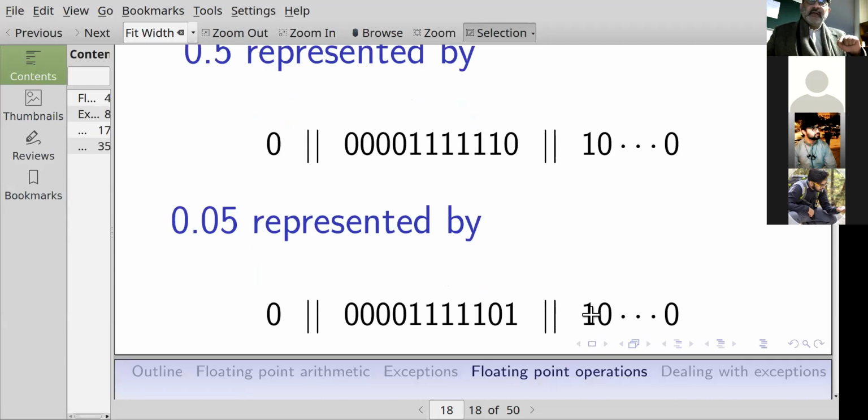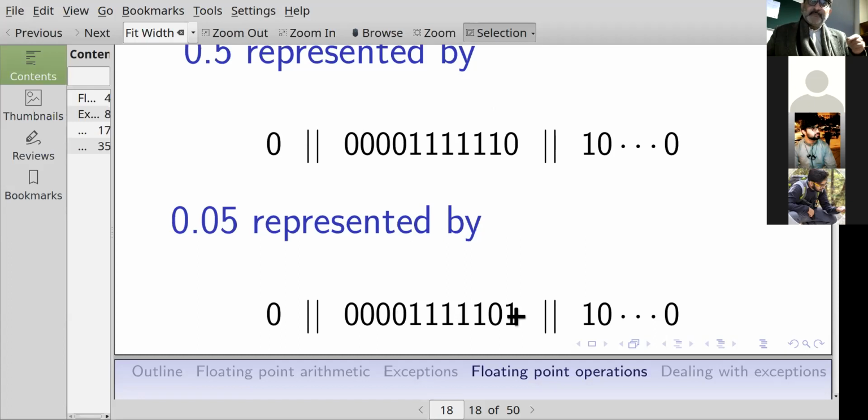Right. So if you look at the exponent for the first one and the exponent for the second one, to make the second exponent the same as the first exponent, I have to multiply by 2. Right?